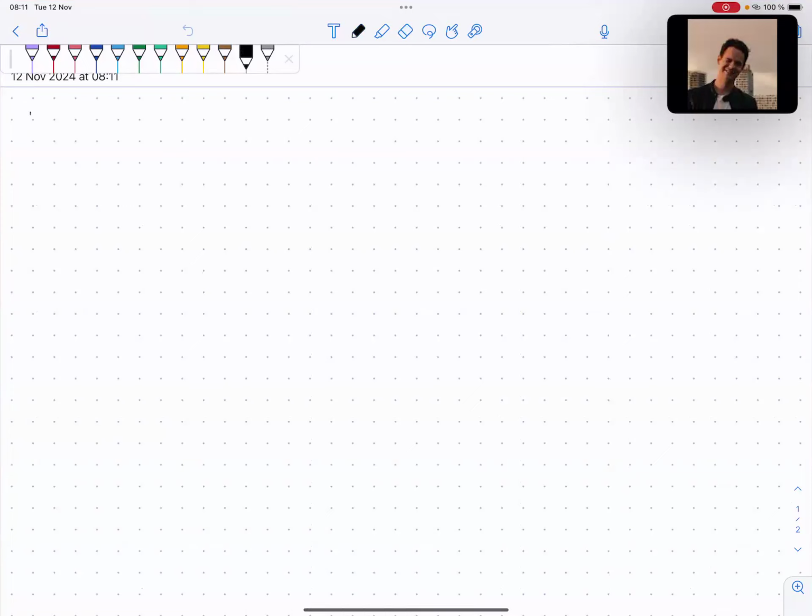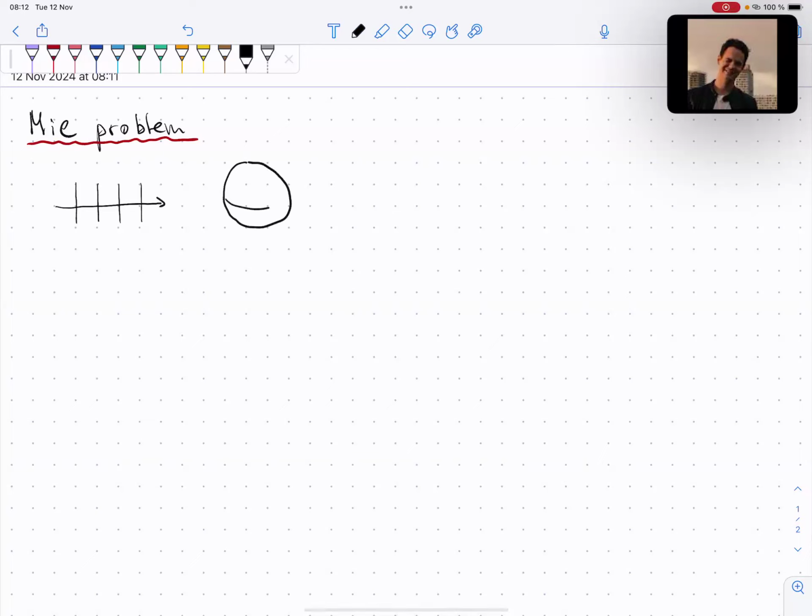We have a plane wave, for example in air or in vacuum, incident on a sphere, a spherical resonator made of dielectric with some epsilon.